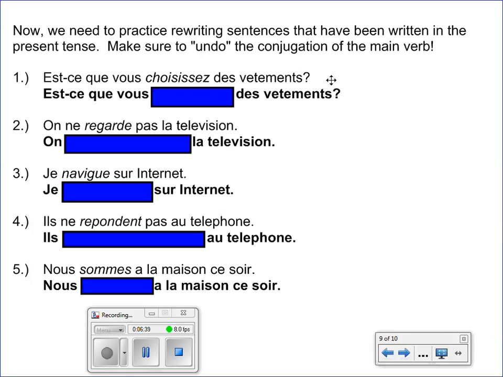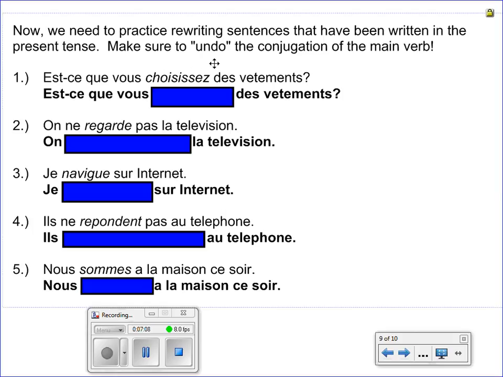Okay, so each of the sentences have been written in the present tense. And so now we're going to write them in the future tense. That means that we, of course, need to add the correct conjugation for aller, but then we need to unconjugate the main verb in each of the original sentences. So for un, est-ce que vous choisissez des vêtements?